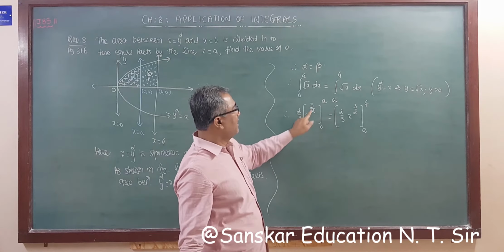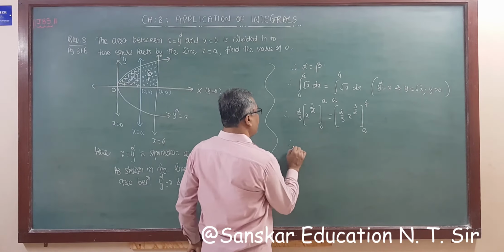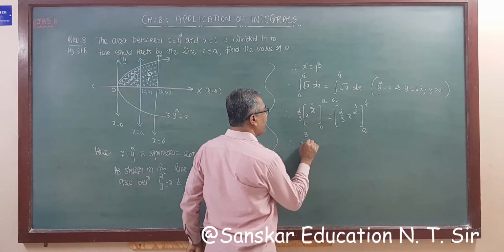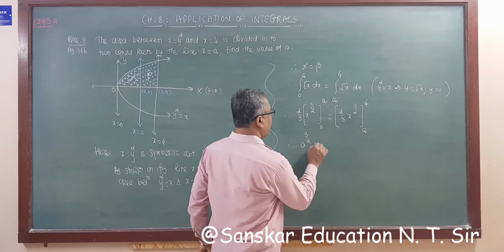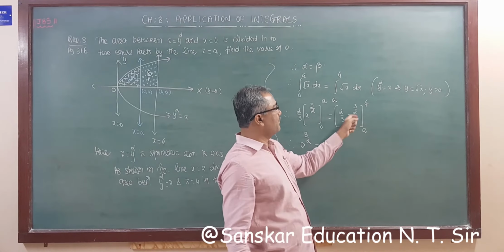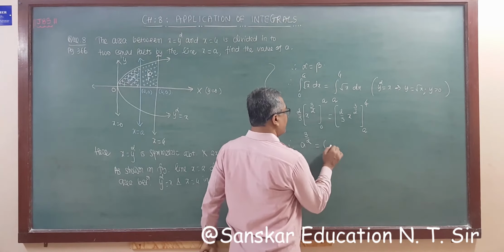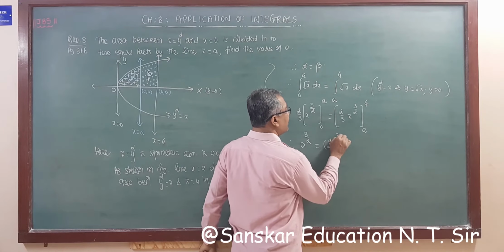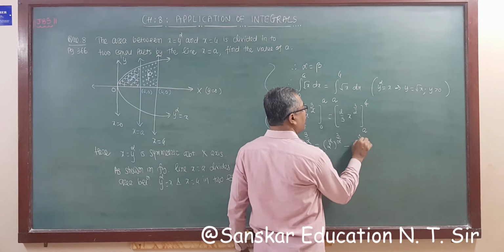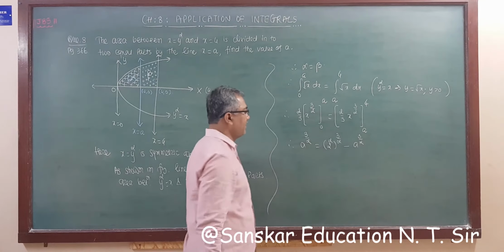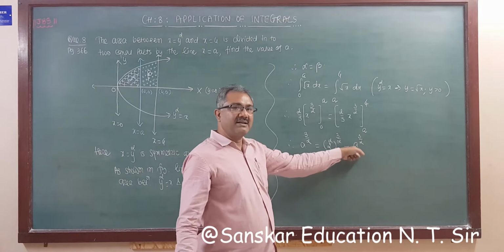If we substitute a, we get a raised to 3 by 2, minus 0 is 0, so no need to write, is equal to, if we substitute 4 here, 2 square is 4, raised to 3 by 2, minus a raised to 3 by 2 if we substitute the lower limit. Now this is a minus, this is plus.